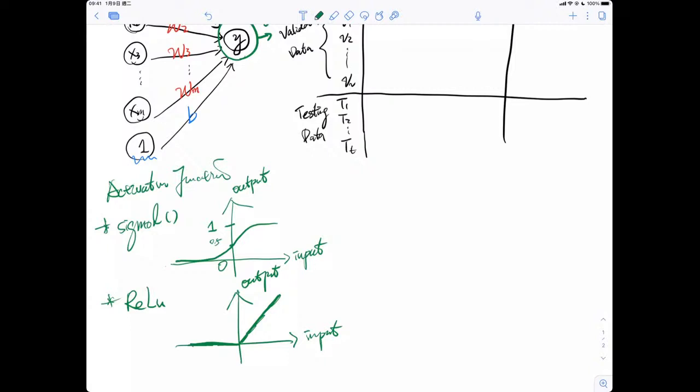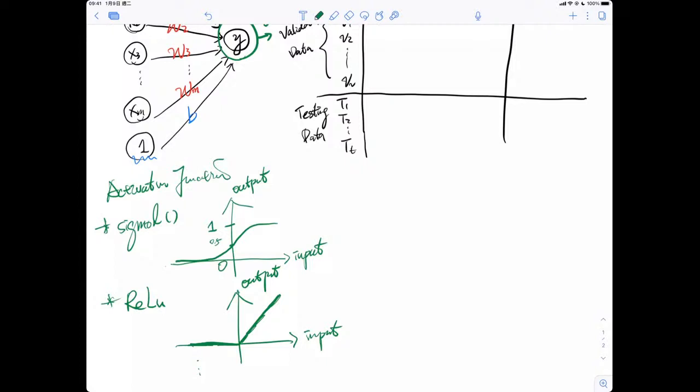So if the information is negative, it means we don't want to pass this information to the other nodes. Of course, there are certain other activation functions we'll talk about later. You can just take a look at these two, which is good enough.